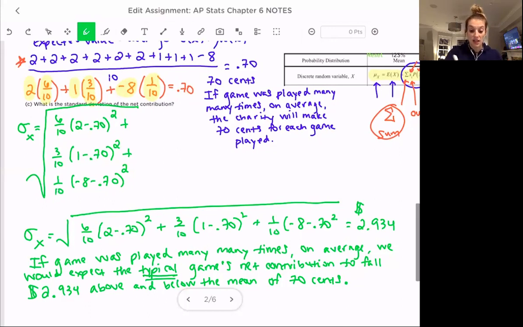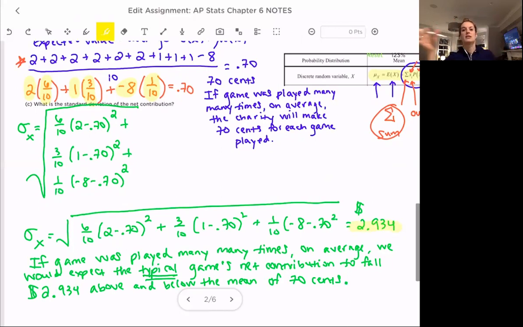Okay, that's interpreting the standard deviation in context. Now that standard deviation, that's a pretty big swing, right? Your expected value is 70 cents. The typical game's net contribution for the charity could be about $3 above 70 cents, but also $3 below. So it could bring them into the green or into the red. $3 above 70 cents would be a big gain. $3 below 70 cents would be a big loss.